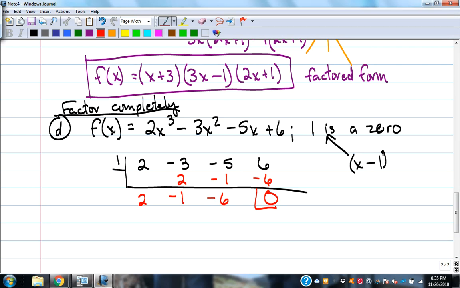Things went well. So we've got to do some work from here. So right now, we've got x minus 1 and 2x squared minus x minus 6. We're going to try to break down the second factor a little further, that 2x squared minus x minus 6.